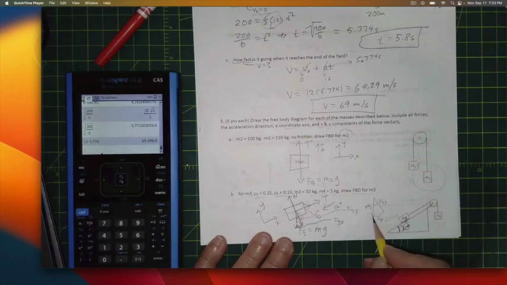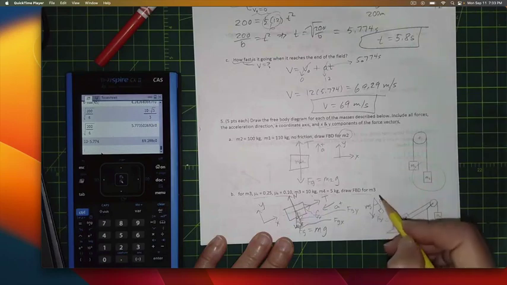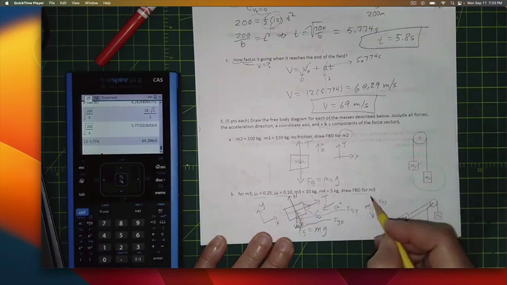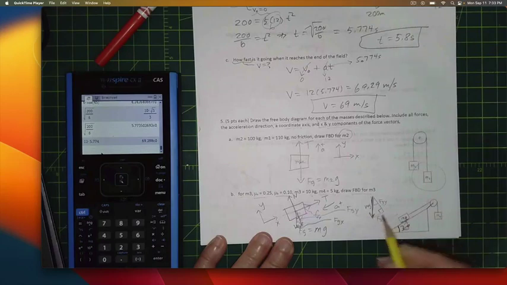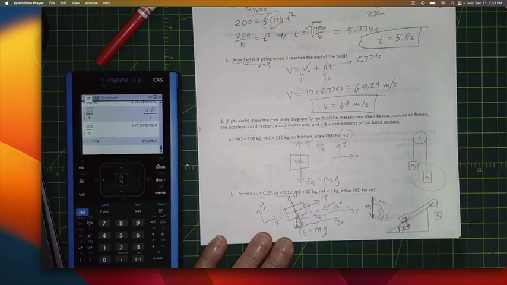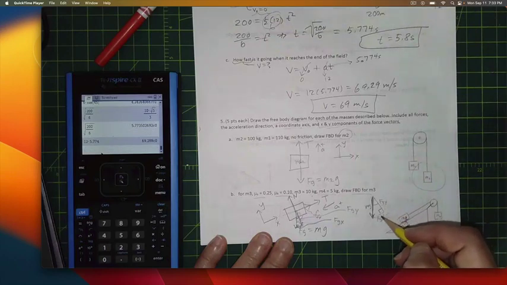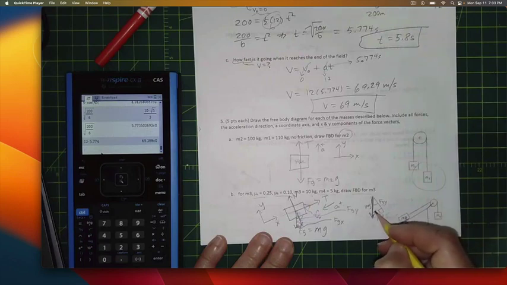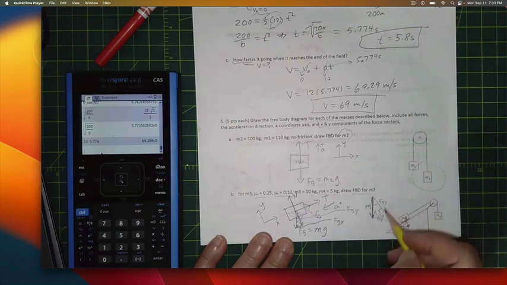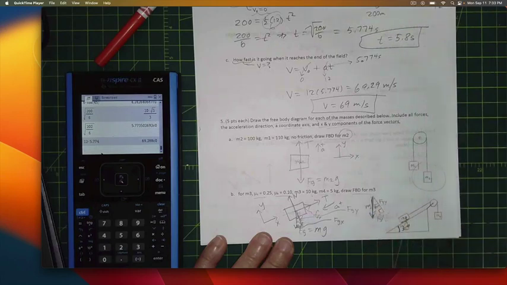If this is 90, straight up and down, then this angle would be our 30, and so 30 plus whatever this is, alpha, is 90 degrees. Inside the triangle, alpha plus whatever this is has to be 90 degrees, so that means this also has to be 30 degrees.